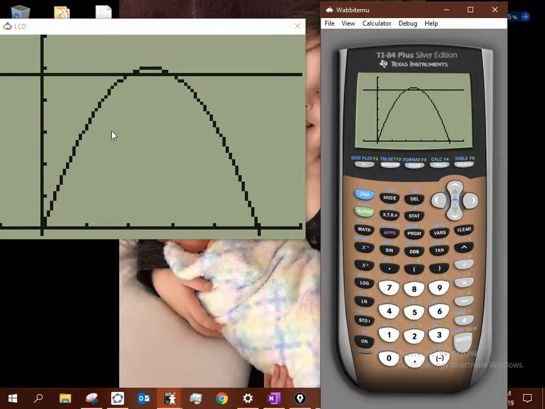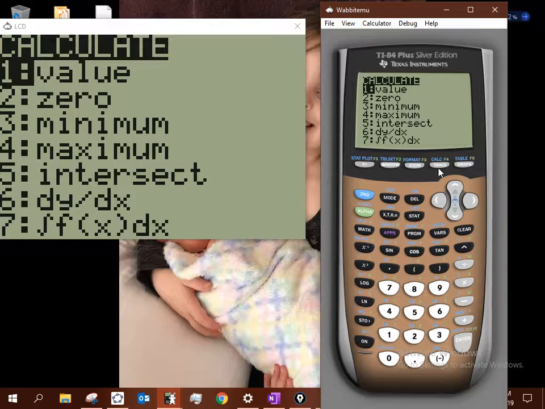Now what I want to do is find those points of intersection. So if I go second, and then up here to that button right there, which is going to take me to the calc options. Okay, this is, if you're going to use this calculator, a pretty useful series of functions. We're going to try to see where these two lines intersect. I'm going to go down to option 5.